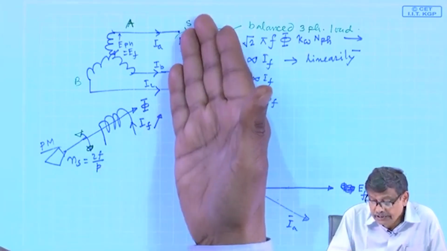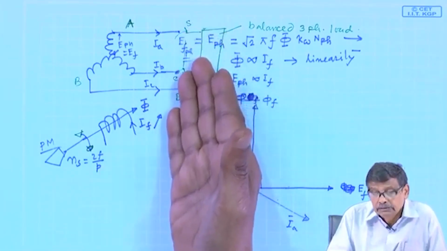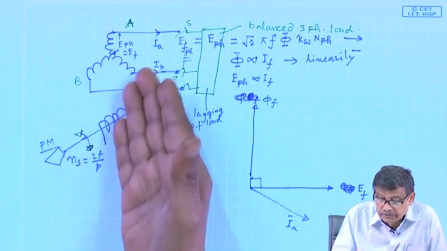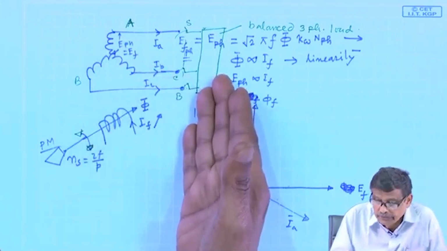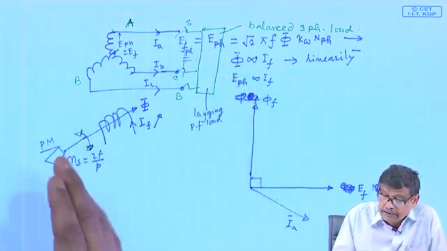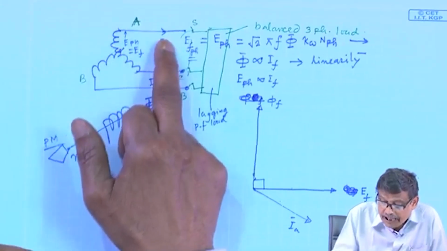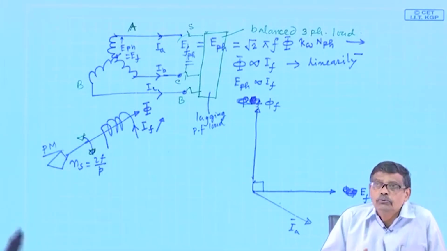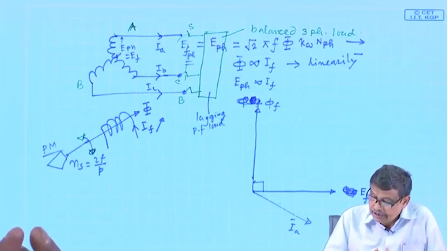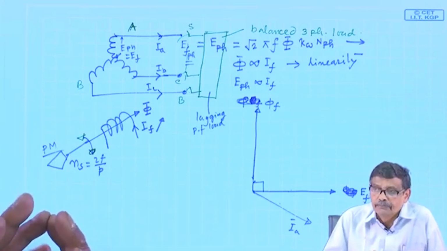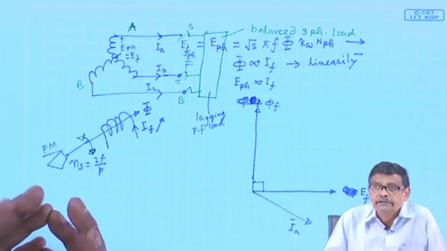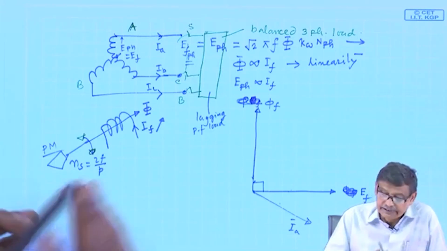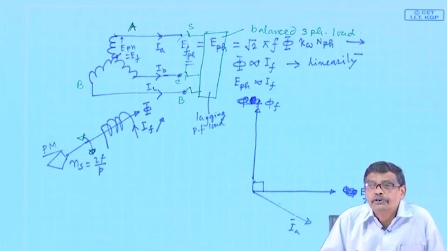Now you are closing this switch, forcing the armature to deliver currents to your load, but the moment this balanced three-phase current flows, the armature too will produce a rotating MMF or rotating field. That is, the stator coils too will now produce a field.